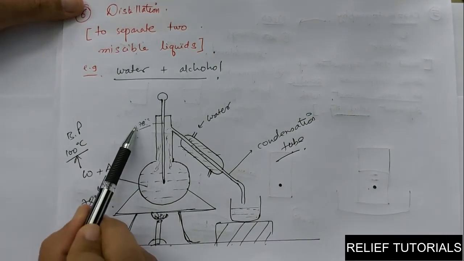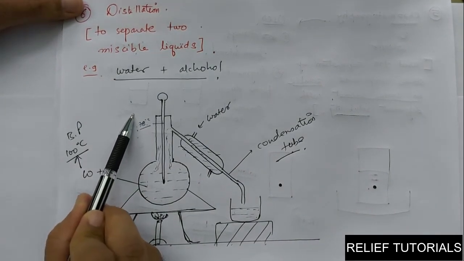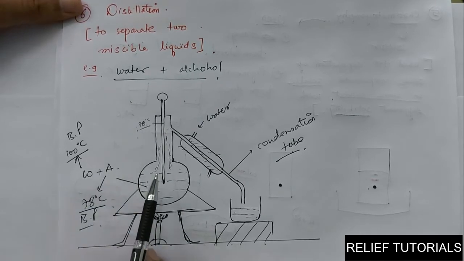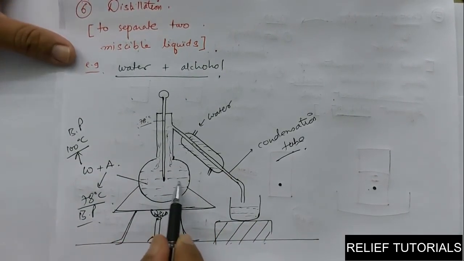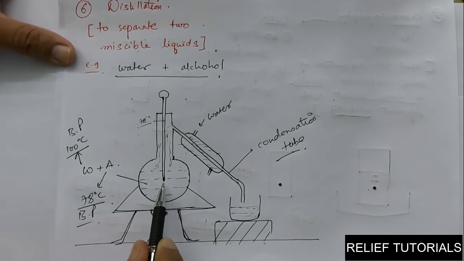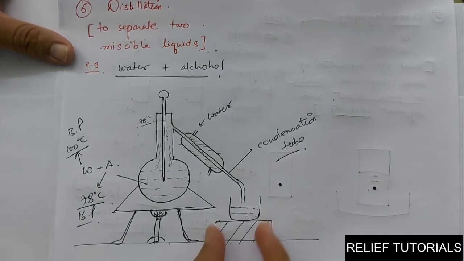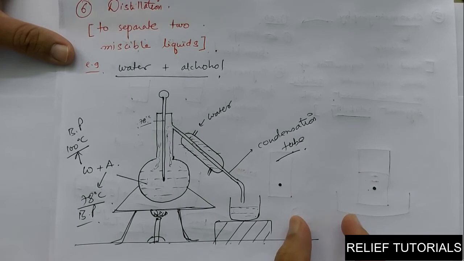As the temperature increases from 78 to 79, it means there is no alcohol left. You will see the liquid level also decreases. Now again the temperature starts to increase. Replace the beaker. A new beaker you can place here, because you have already collected the alcohol.